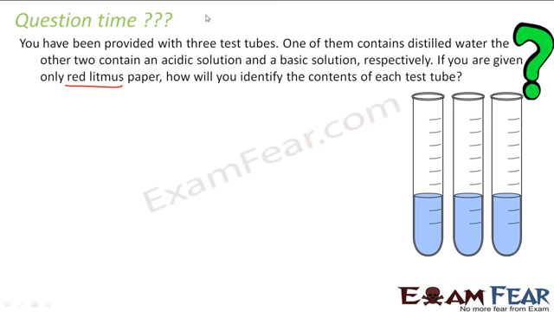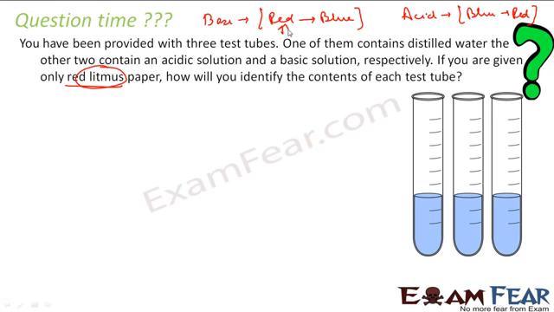For litmus paper, I know that if it is base, it will turn red to blue. If it is acid, it will turn blue to red. This is something we know. I am given red litmus paper, so I can use this, right?